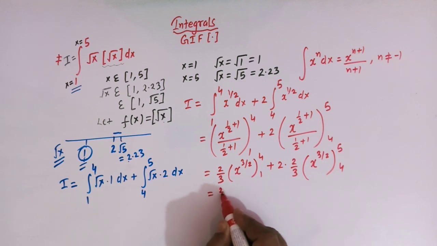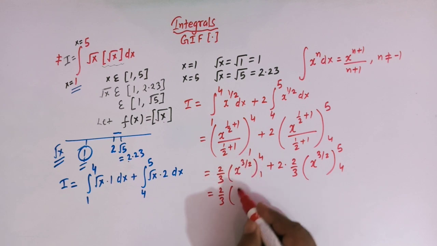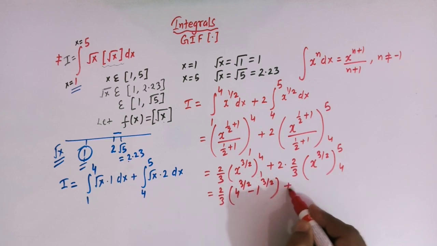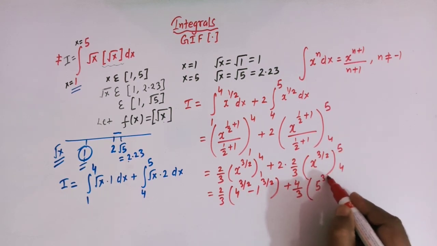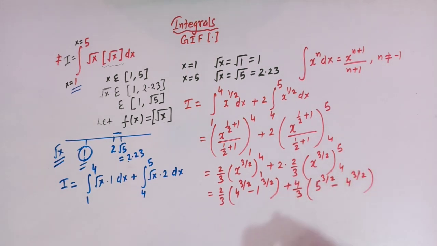So now we can take the limits here, and we'll take the difference. So here we have 4 raised to 3 over 2 minus 1 raised to 3 over 2. Here we have 4 over 3 times 5 raised to 3 over 2 minus 4 raised to 3 over 2, right?